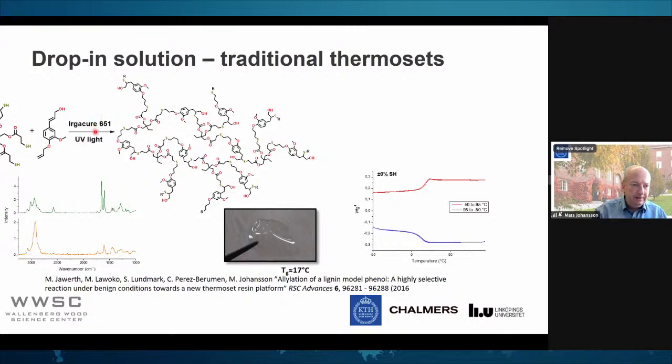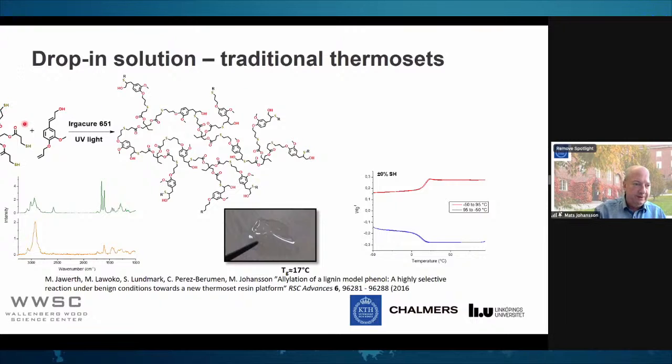And by triggering this with photoinitiators and UV light, we can polymerize this to become a thermoset polymer. So this is an example of how you can make a lignin-based monomer to use in combination with other monomers to make a lignin-based thermoset.